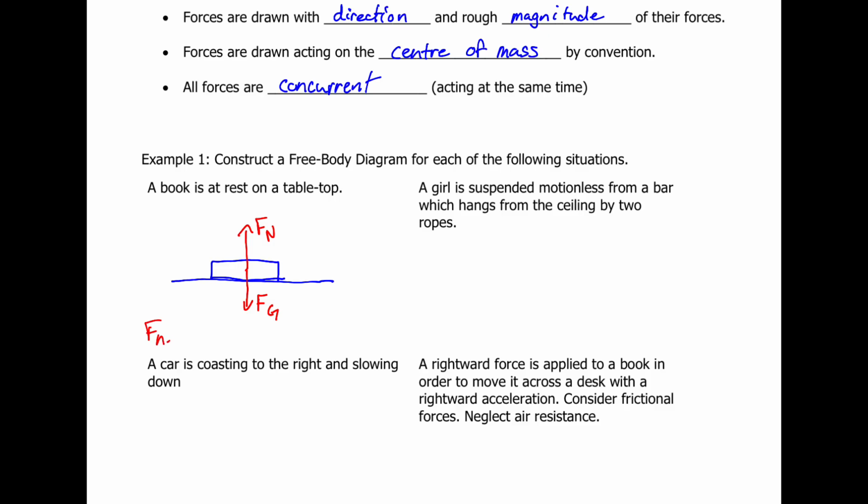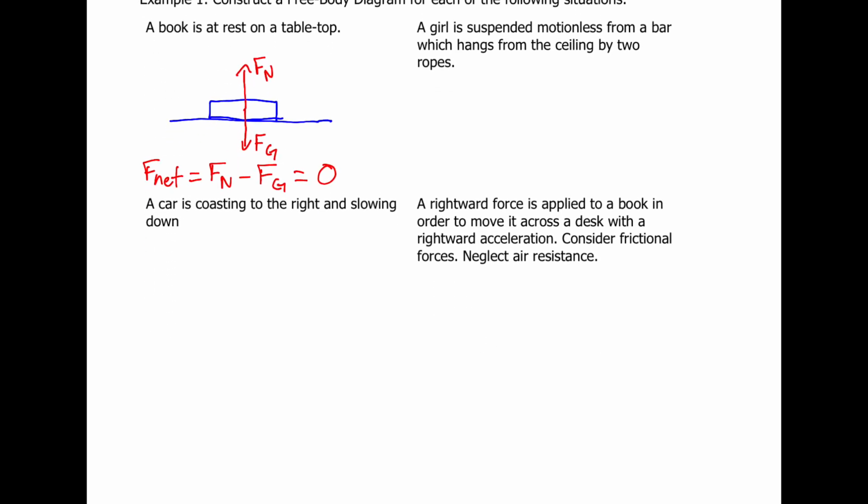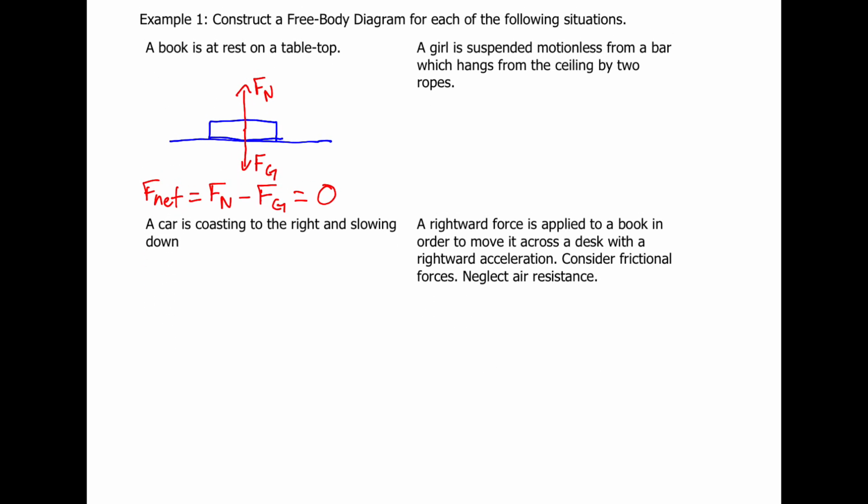So F net is equal to normal force minus gravity force, which is nothing in this case. Let me slide up so everyone can see. But yeah, it's a very simple system, but it does correctly outline all the ideas that we're trying to get across. Normal force and gravity force are equal. The up equals the down. And so the arrows I drew on the diagram are the same size.